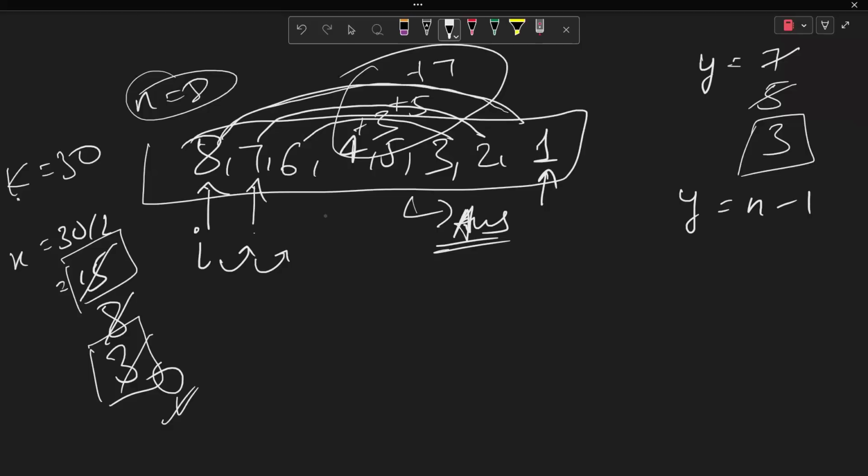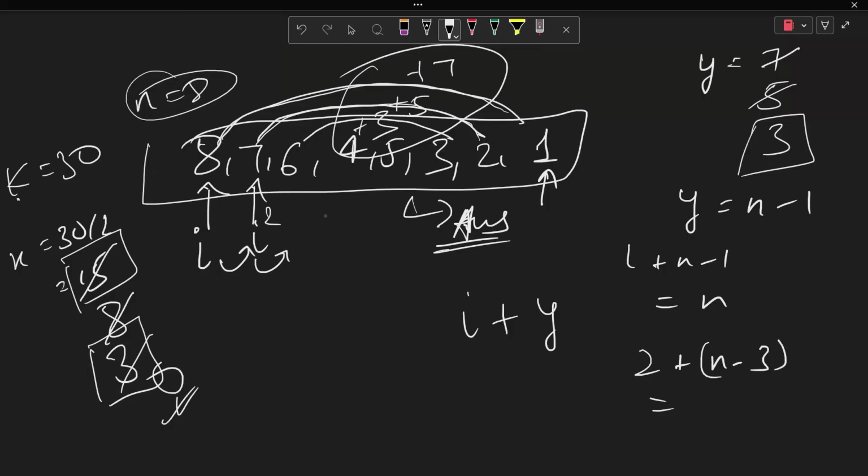Then this i would go here, and it would be swapped with the next last element. So it would actually be swapped with i plus y. It was at 1, it was swapped with 1 plus n minus 1, which is n. Now, at second position, it would be swapped with 2 plus n minus 3, which is n minus 1.